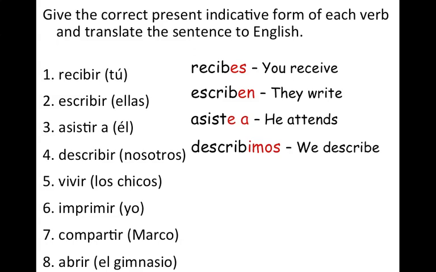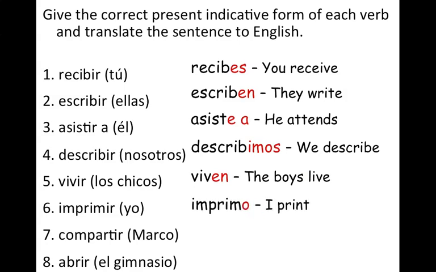Número cinco, vivir. Los chicos. Los chicos viven en Nueva York. Número seis, imprimir yo. Yo imprimo el papel. I'm printing the paper. Número siete, compartir Marco.